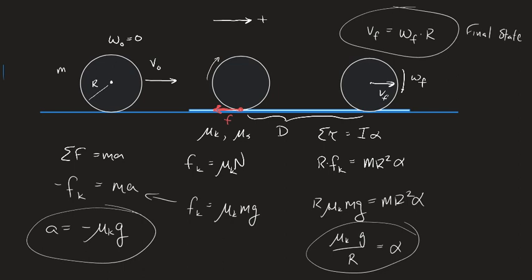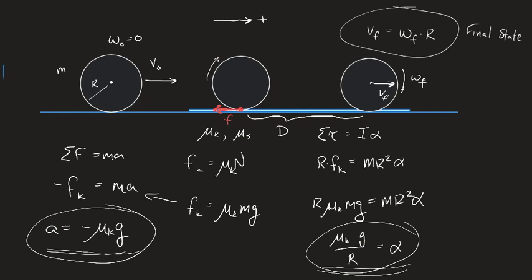Yay. Now, what you have to do next is understand the things that are related and the things that aren't. This acceleration is a constant. This one right here. This acceleration is a constant. So, knowing that they're constant means I can use motion equations if I want. I have to figure out how far the wheel goes until it's rolling. Here's the thing.